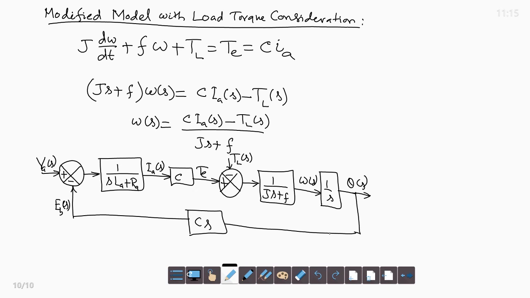Similarly, this same equation can be used in the state model with load torque.